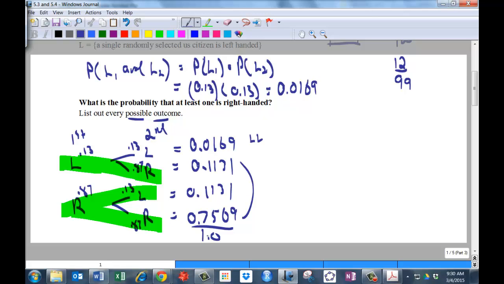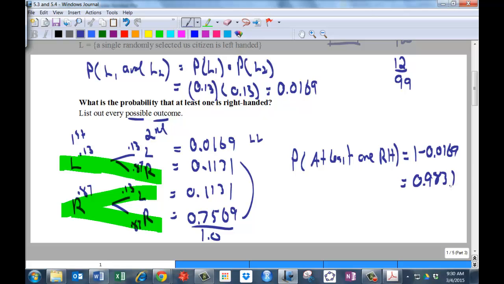But if you'll notice, we can use the complement rule here. So the probability of at least one right-handed is equal to 1 minus the probability that both are left, 0.0169, and that gives us 0.9831, which is the same probability as if we add up this group of probabilities here.